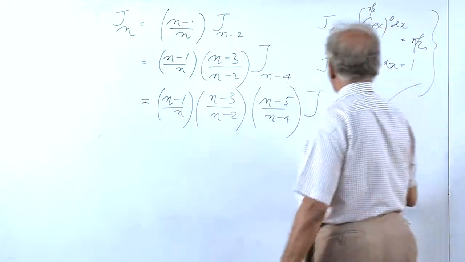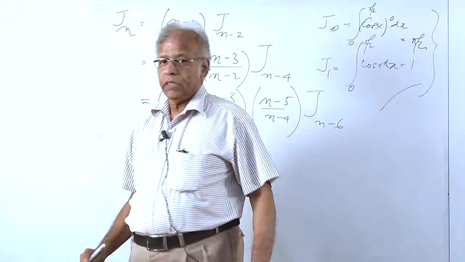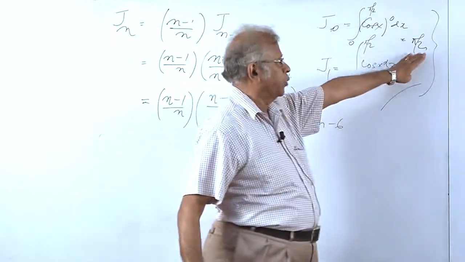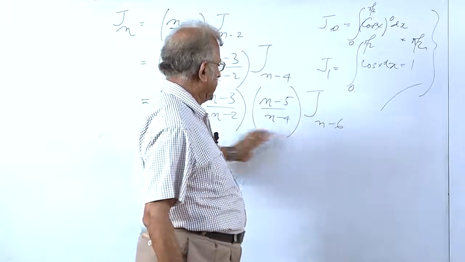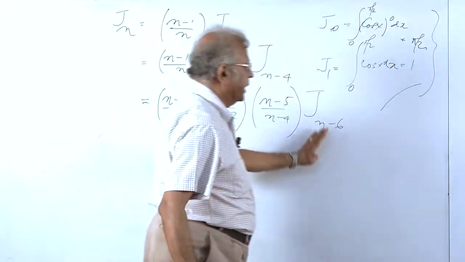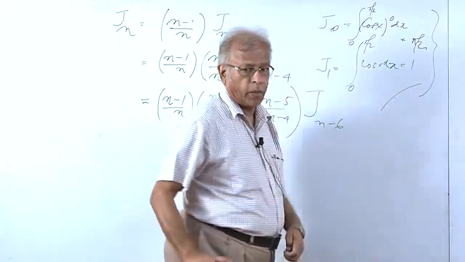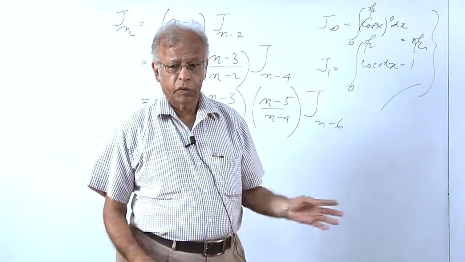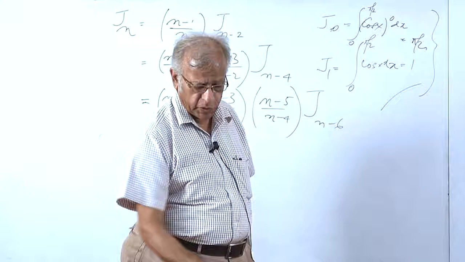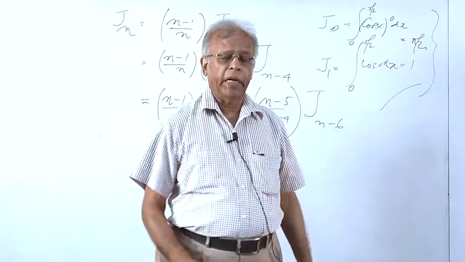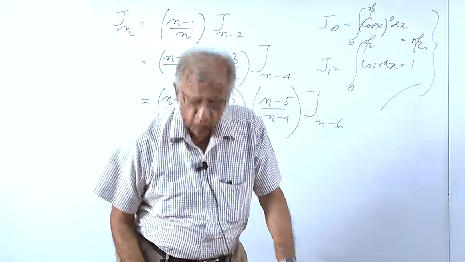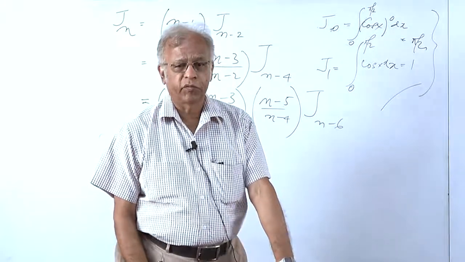So, if n is even, then there will be a factor at the end that is pi by 2, otherwise it will be a number that is without pi by 2. So, this brings us to the end of an integral of the form cos x to the power of n, evaluated as an indefinite integral as well as a definite integral.